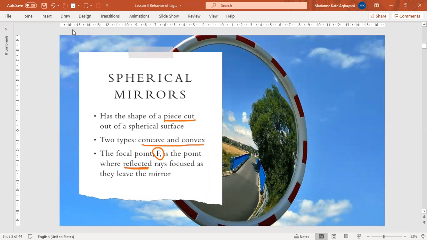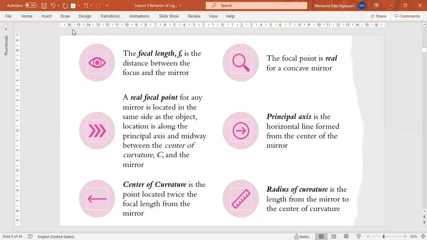Always remember that. And take note, the focal length is the distance between the focus and the mirror. The focal point is real for concave mirrors. Take note that it is real for concave.